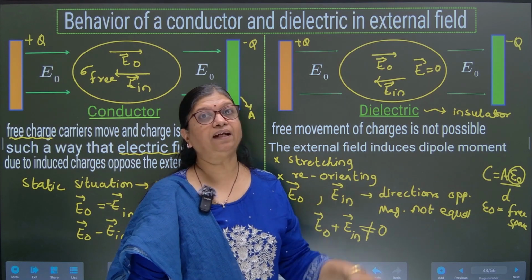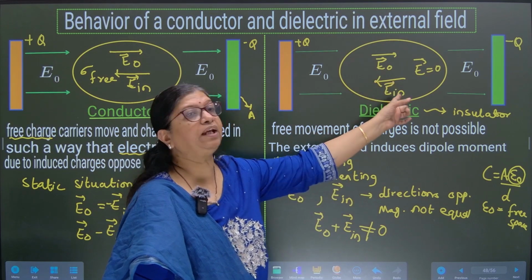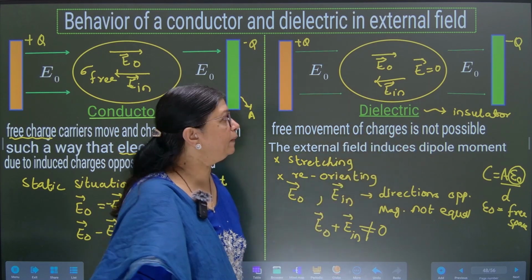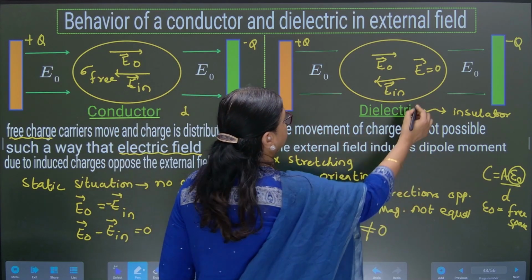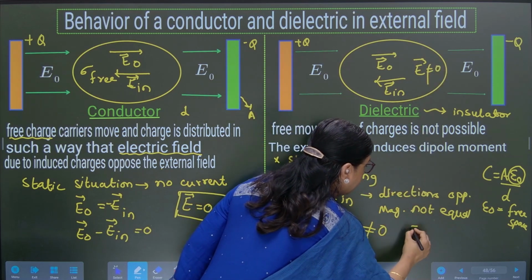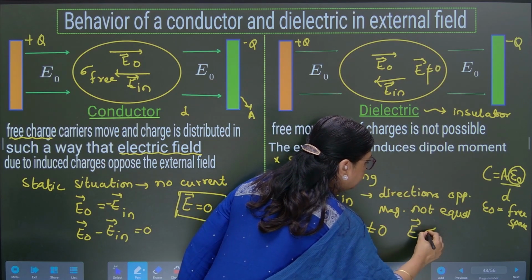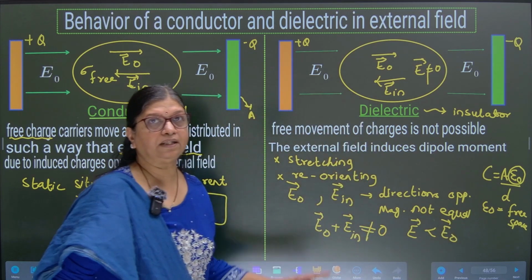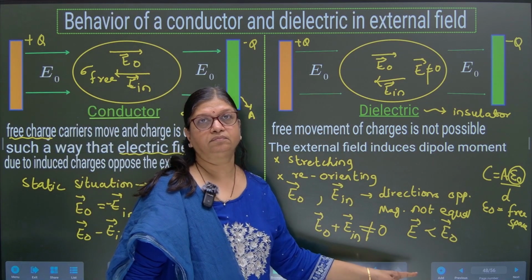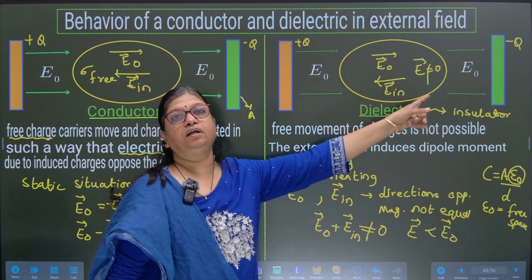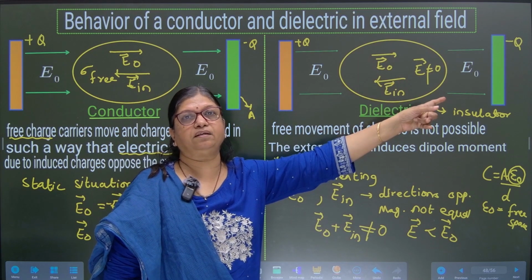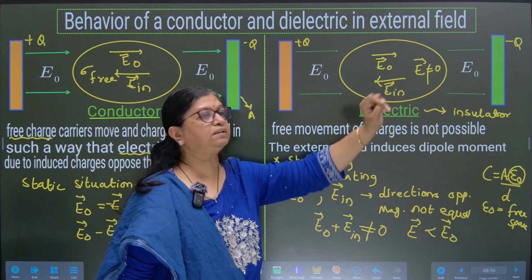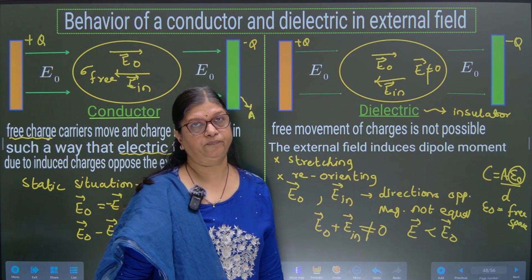Okay? And this electric field which will be there inside the dielectric will not be equal to 0, and this electric field will be lesser than E naught. The net electric field which we have inside the dielectric will have a value lesser than E naught.